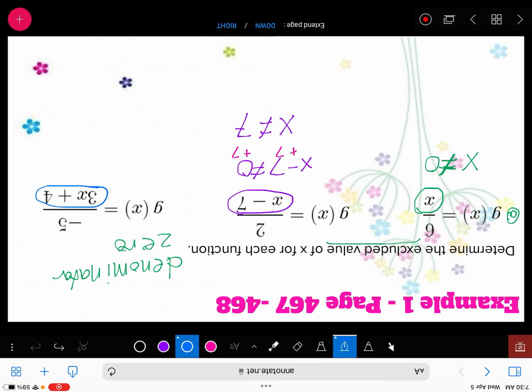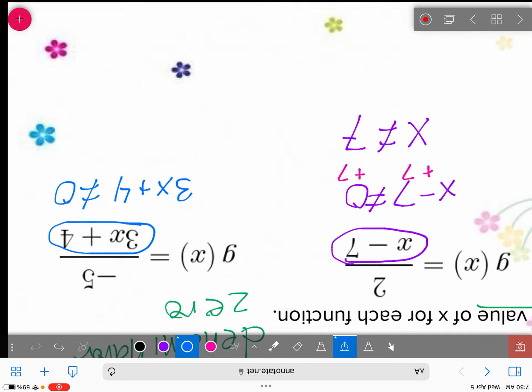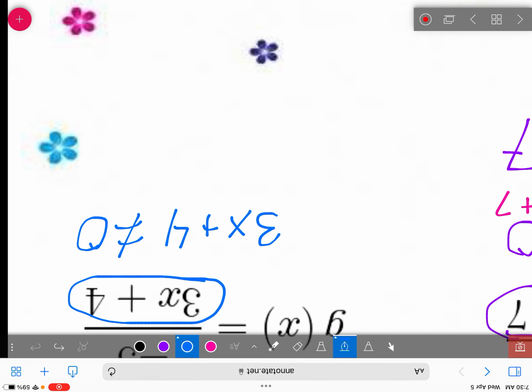That's the one thing x can't be. 3x plus 4 cannot equal 0. So you can solve it just like a regular equation. We can subtract 4 from both sides to get 3x cannot equal negative 4. That's not a thing that works.